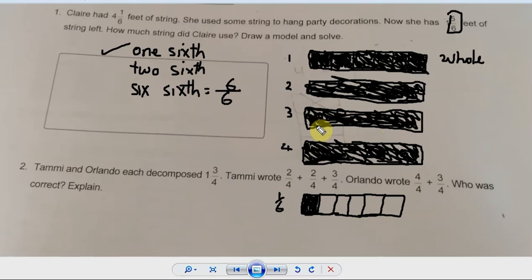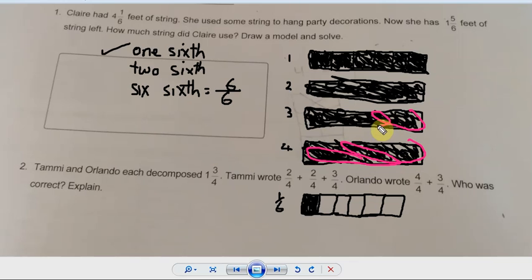But by the end of her using her rope, she ended up with only 1 5/6, which means she started off with 4 and 1/6, and by the time she finished using the ropes, she only had 1 5/6 left, which means she used up all of this.